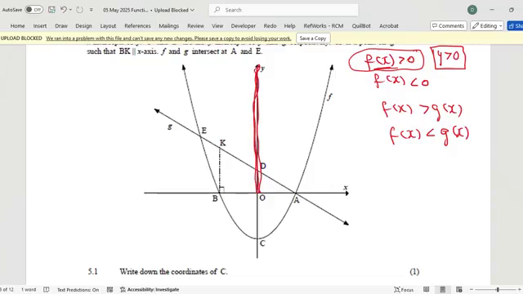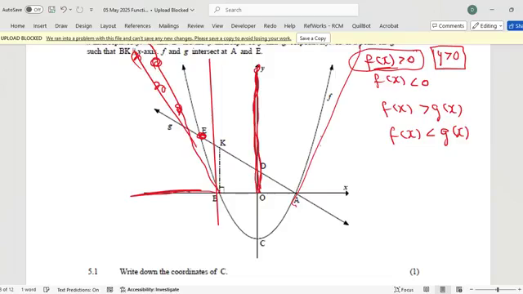Y is positive in these two quadrants. But remember, this graph is moving that way, meaning it's including the X values. As it goes there is an X value there, there is an X value there. It would be different if it was just straight. Now it's not straight, it's going that way. So there is an X value, there is an X value. Even this side is also going that side. So there is an X value.